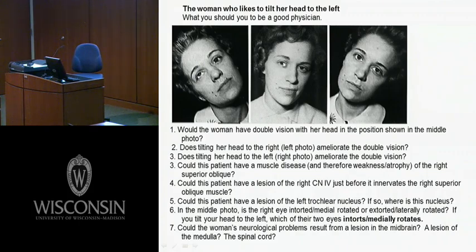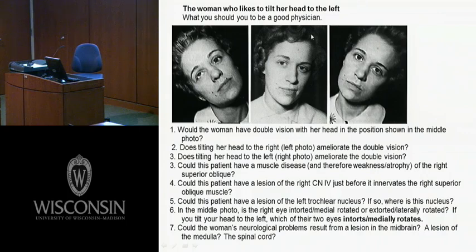It's extorted because the inferior oblique is working. She went the wrong way, and it's really bad. So she's got a lesion over here, probably in the right nerve, right 4th nerve, or left 4th nucleus. Tilting left, problems in the right nerve, left nucleus.